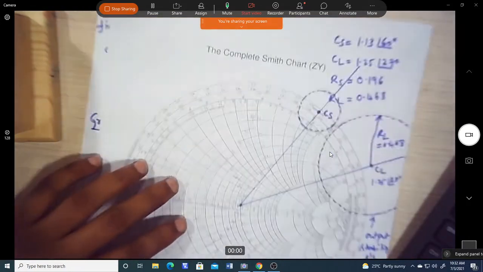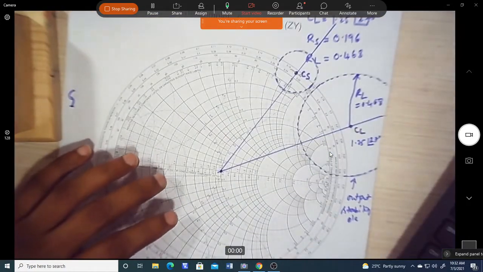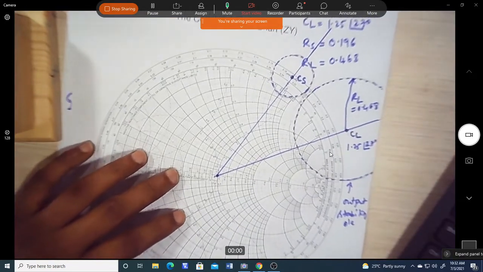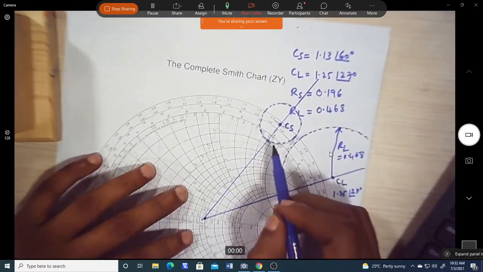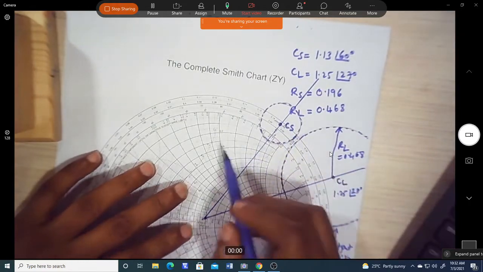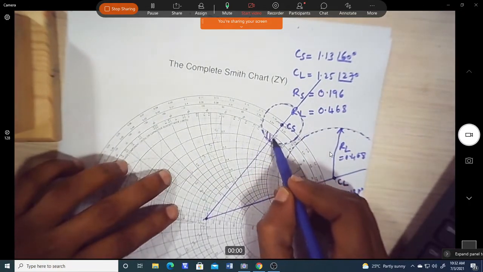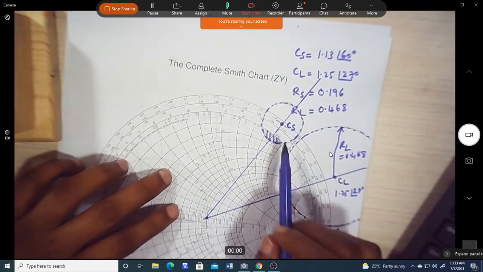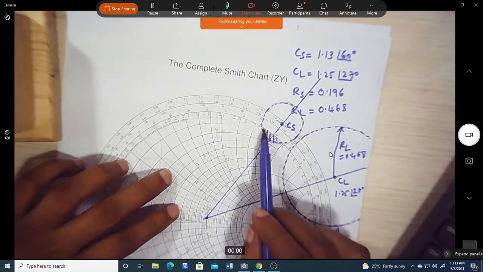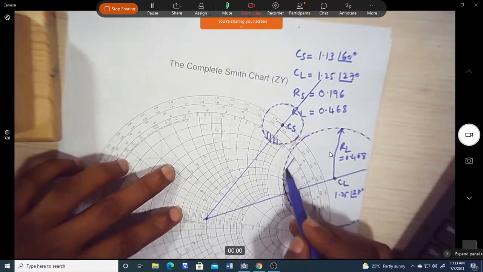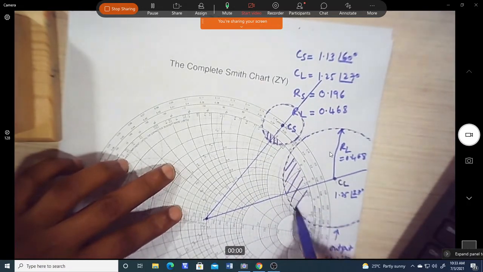So now we need to locate the stable region and unstable region. As we have discussed, the intersection area of the stability circle with the Smith chart is the stable region. In the input stability circle, only this much is the stable region, and this is the stable region.